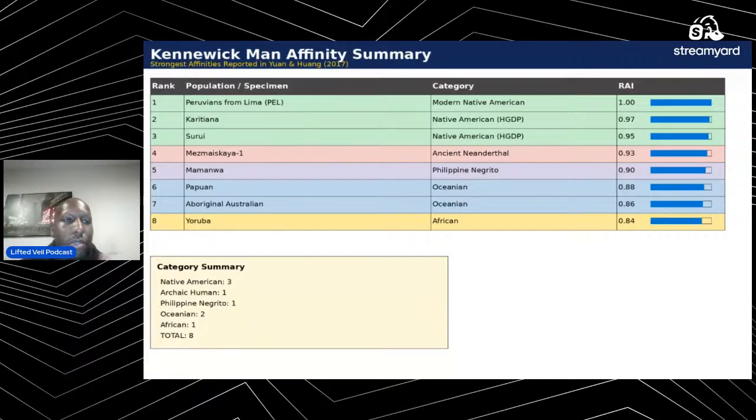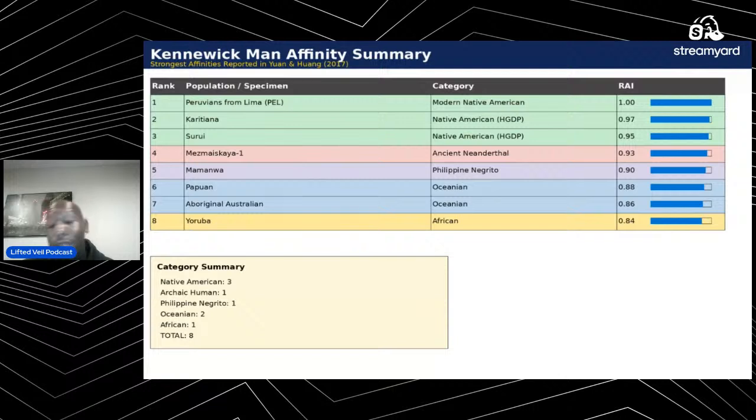Right. So one of the most important things I want to point out here is, in particular, the Karitiana and the Surui. They keep popping up in these ancient studies, and if anybody can remember the Australian signal study, the Y population signal study, they popped up in that study as well.